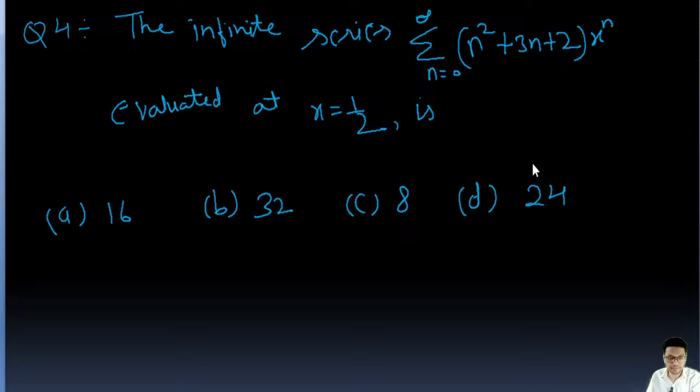So this is the infinite series we have been given: sigma n equal to 0 to infinity n square plus 3n plus 2 x to the power n, evaluated at x equal to half. We need to evaluate this at x equal to half, and that value we need to find out. Very good question.